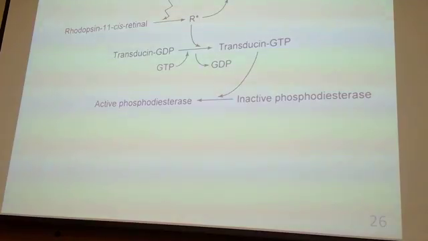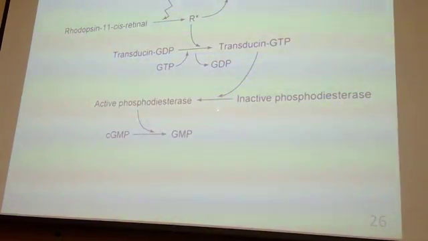Again, this is a sequence of events where a single photon is starting to amplify the signal. Right? So we have a single photon here, maybe we have multiple transducins exchanging GTP, and then we have activation of an enzyme, which is going to be a big amplification in the signal.